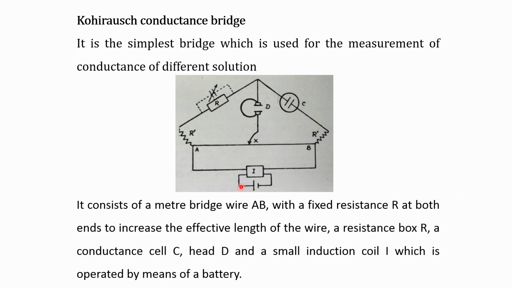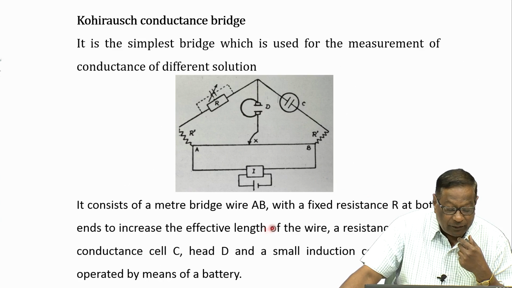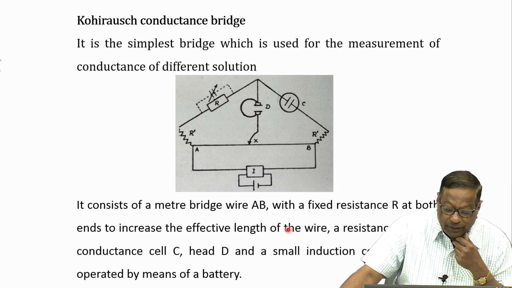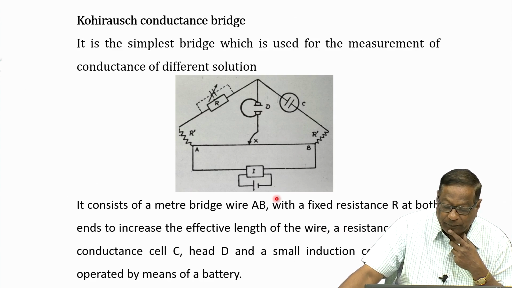It consists of a mere 1 meter bridge wire. This is AB with a fixed resistance, that for any metal wire the resistance is fixed, okay, and that wire is fixed at both ends to increase the effective length of the wire, and it has got a resistance box R. This is our resistance box.